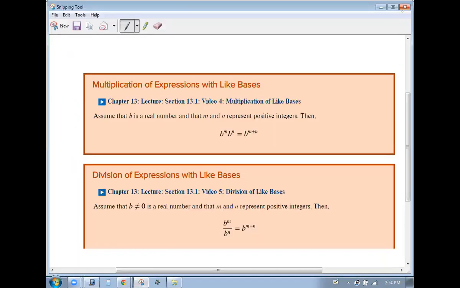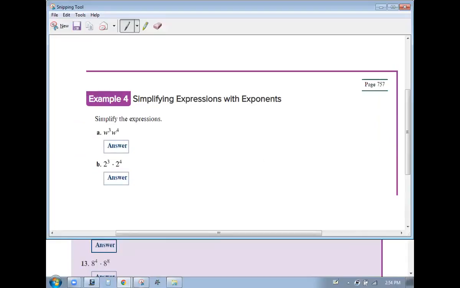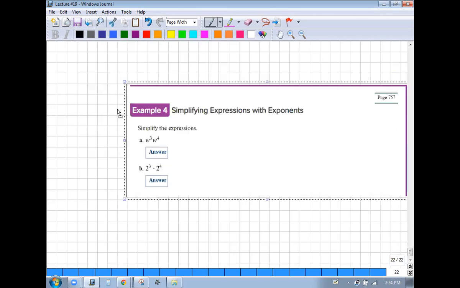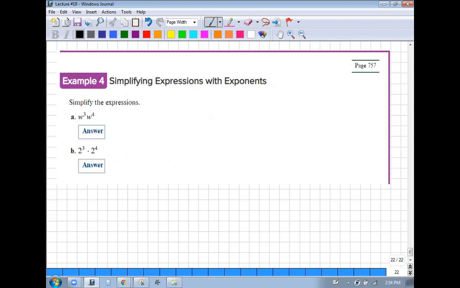So let's do some simplifying here. Page 757. Since these are like bases, we just add the exponents. And why is that? It's because w cubed is w times w times w, and w to the fourth is w times w times w times w.